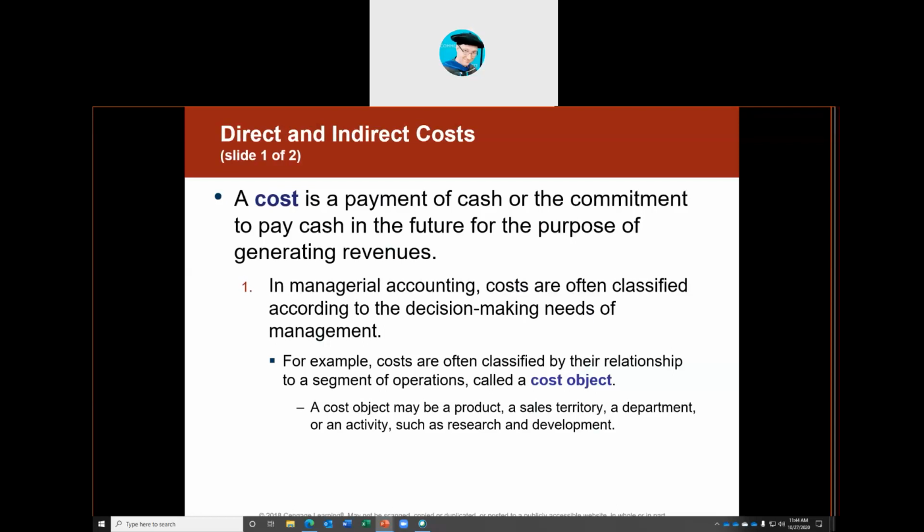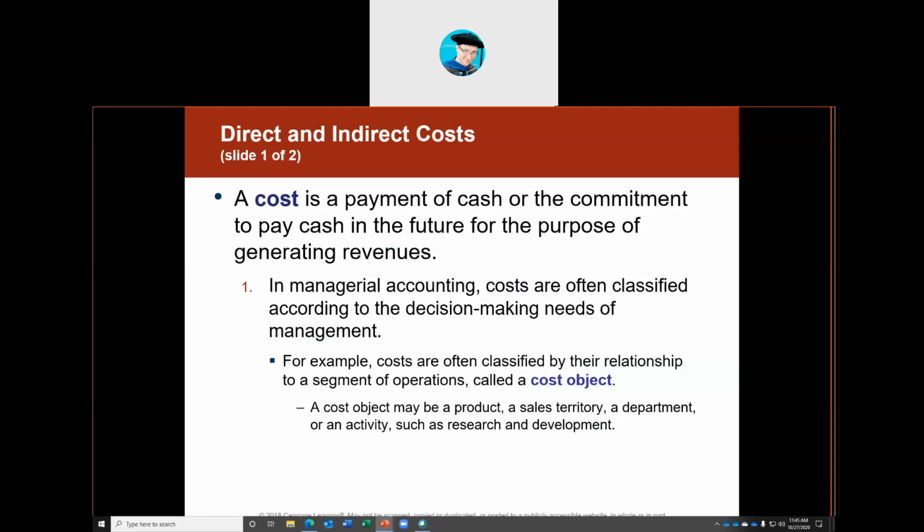That's what a cost is. In managerial accounting, the costs are classified based off of the activity or based off of the decision-making process. We typically group costs that are similar together.